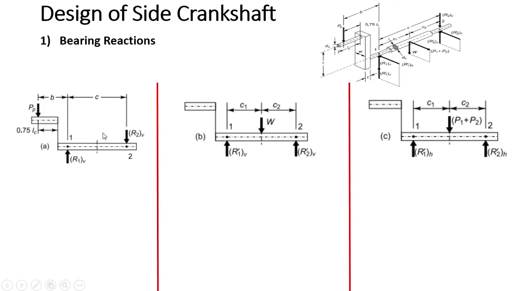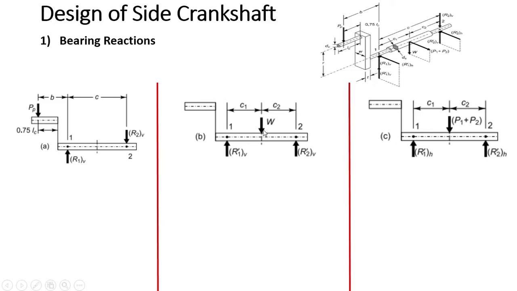Two are in the vertical plane and one is in the horizontal plane. The first part is because of the force PP only, the force acting from the piston through the connecting rod to the crank pin, and this is why we have the reactions R1V and R2V in the vertical plane.